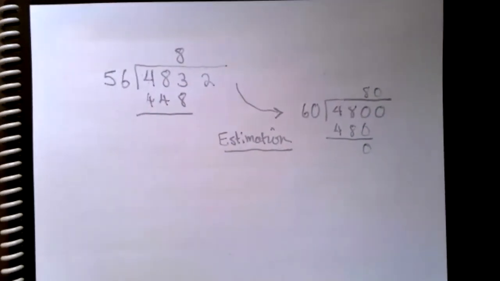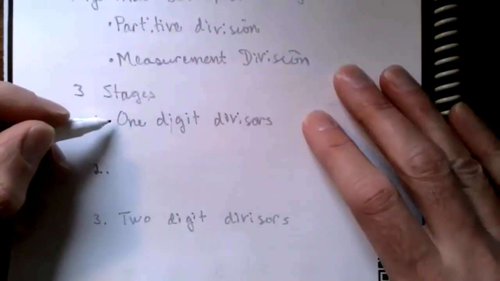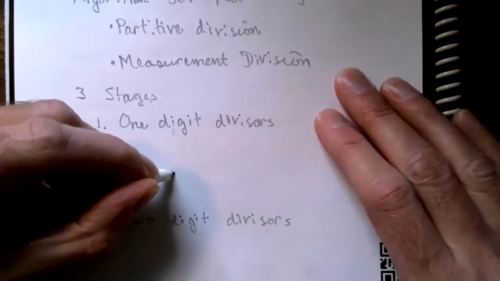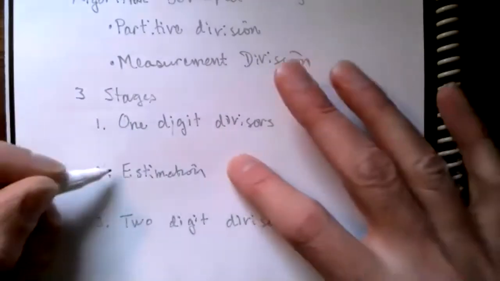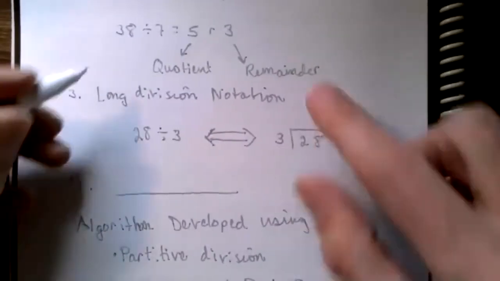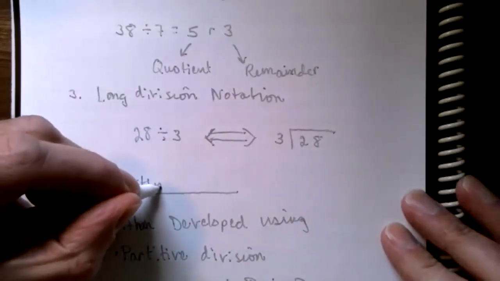Okay, so flip back. When I was leaving blanks here, the 3 stages, 1-digit divisors, we also need to talk about estimation in there so that we can make the transition to 2-digit divisors. And the 4th component is estimation.